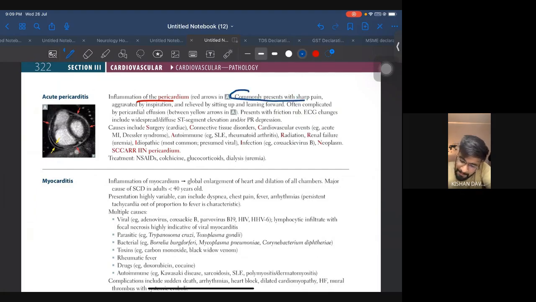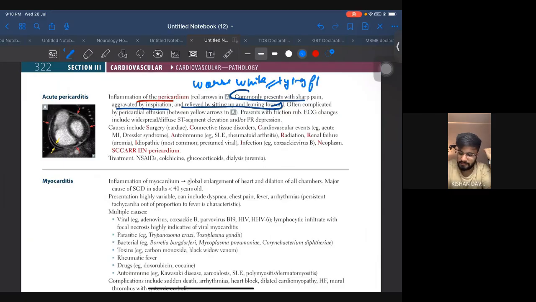It commonly presents with sharp pain, aggravated by inspiration and relieved by sitting up and leaning forward. This line is very important. If they say that there is sharp pain while inspiring, and when the patient is sitting up the pain is relieved, if the patient is lying there is pain, and if the patient is sitting up the pain is relieved. So you should remember this. I'll write it down: worse while lying flat. Okay, worse while lying flat, very important.